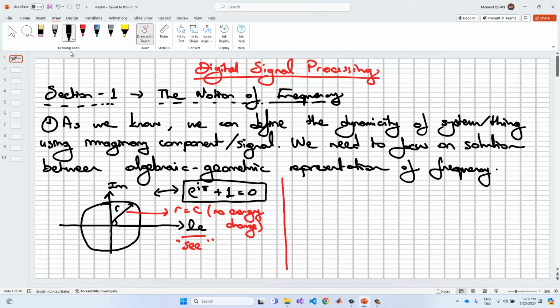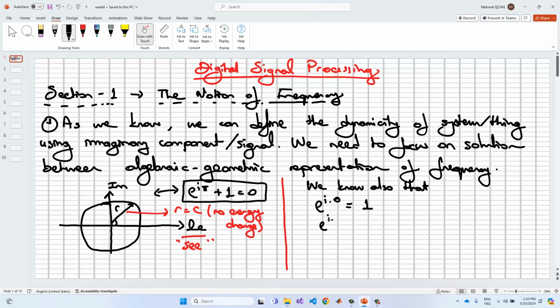So how can we utilize this geometry in order to build the frequency pattern? We know also that e to the i 0 is equal to 1.